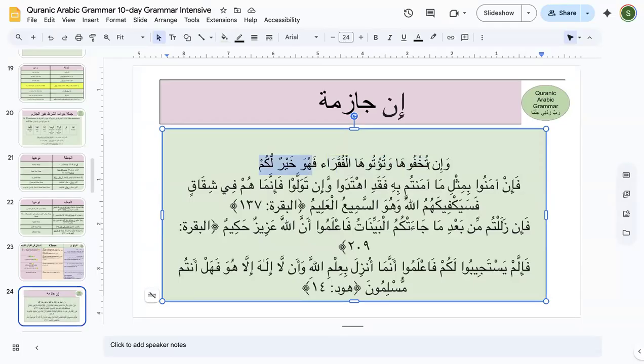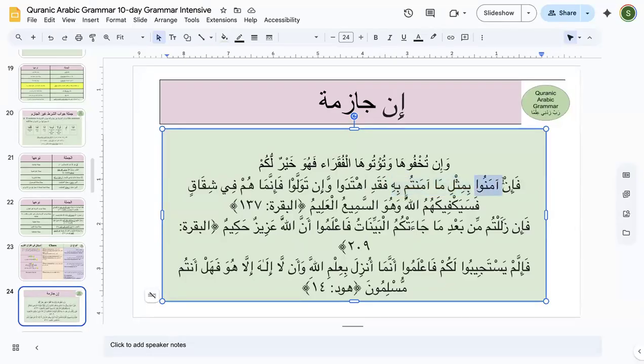Anytime you have in shartiya as your harf shart, what do you see it being followed by? It is followed by fi'l. It can be fi'l madi: fa in amanu bimisli ma amantum bi, if they believe just like you have believed, faqad ihtadaw, then they indeed have obtained the guidance. So this whole chunk is your jumla shartiya, right?